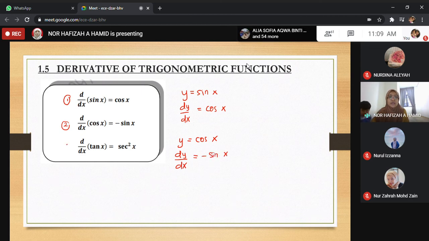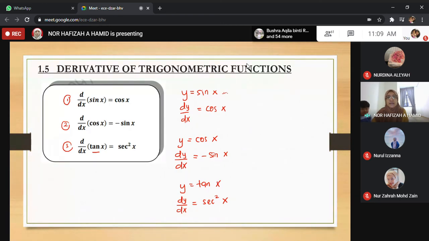And last, formula number 3 is for tangent. For example, you have y equal to tangent x, and you differentiate, dy over dx is equal to secant square x. Okay, so these are the 3 basic formulas for trigonometrics.